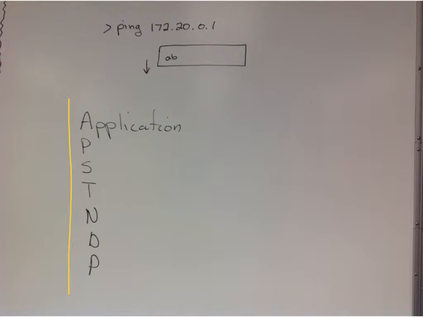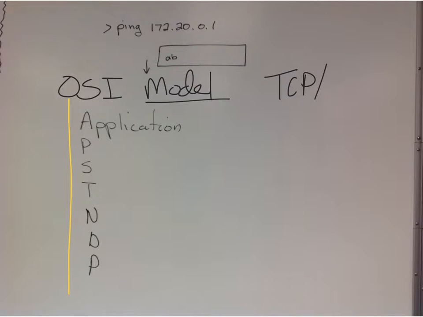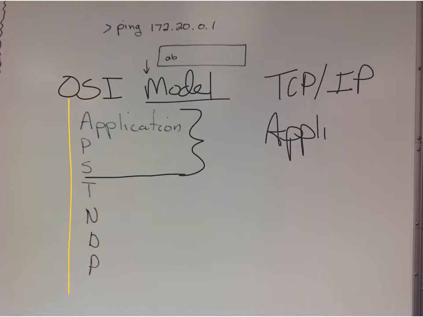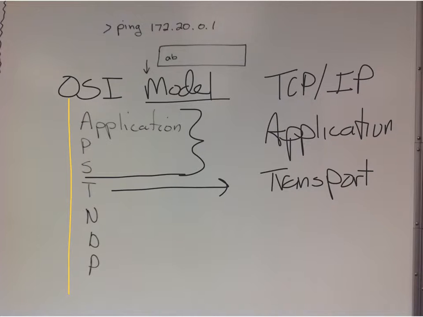Pretty much at least once a week we'll talk about the OSI model, and we'll continue to compare it to the TCP/IP model, which they did in the curriculum. In the TCP/IP model, application stays application, transport is still transport, and network here is called the internet.